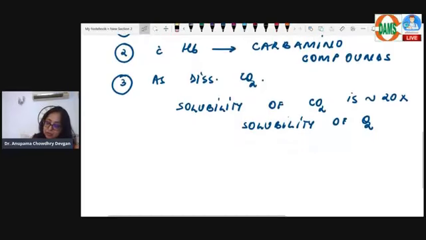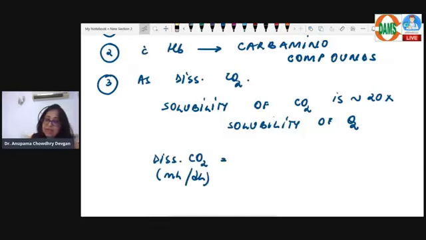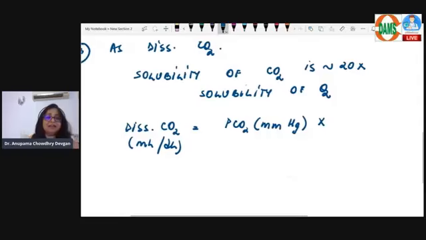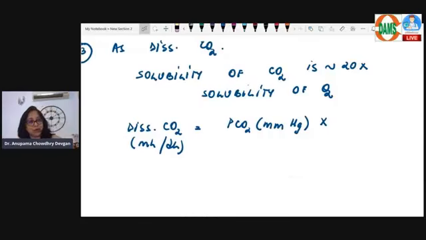Now, if I want to know how much is the dissolved CO2 in ml per deciliter, how do I go about it? We take the PCO2 in millimeters of mercury and multiply it by the solubility of CO2, right? If you remember, I've discussed this formula with you last time.